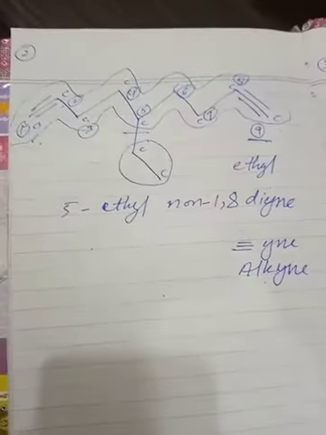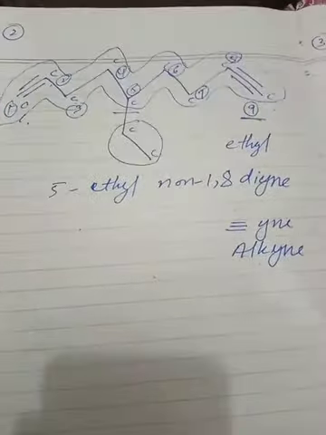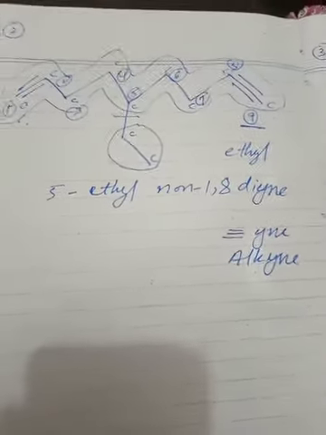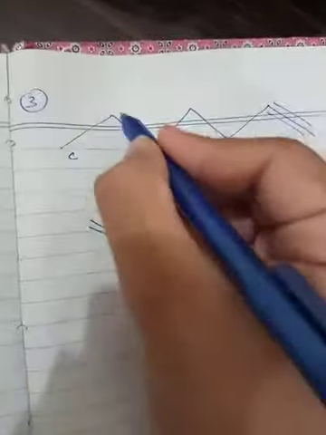Okay, so that was our question number 2: 5-ethylnona-1,8-diyne. Coming to our third question, put the carbon on each point.